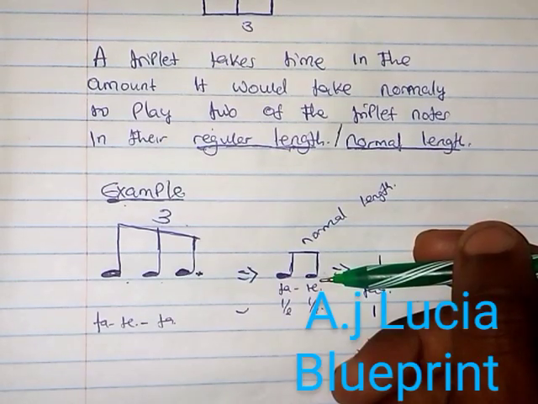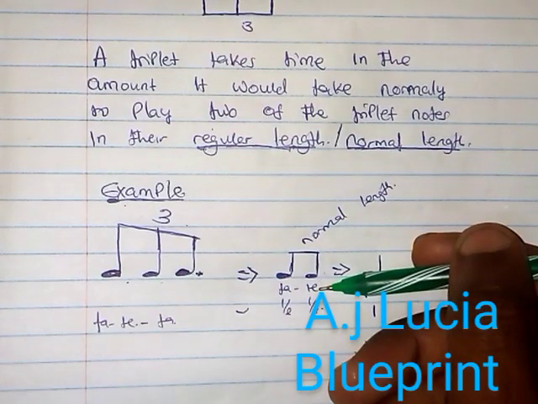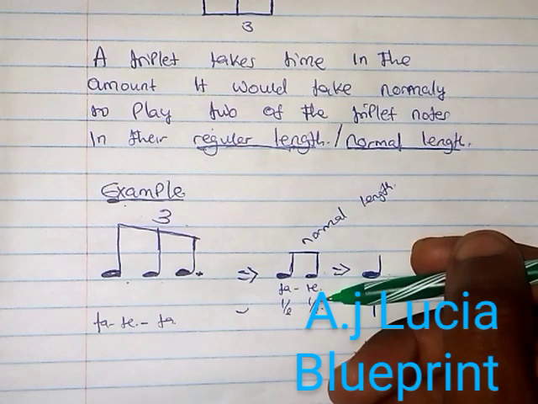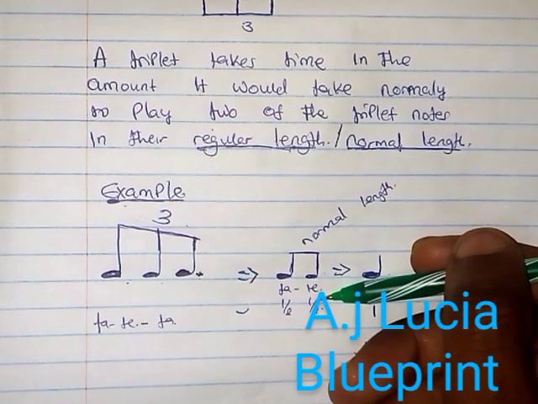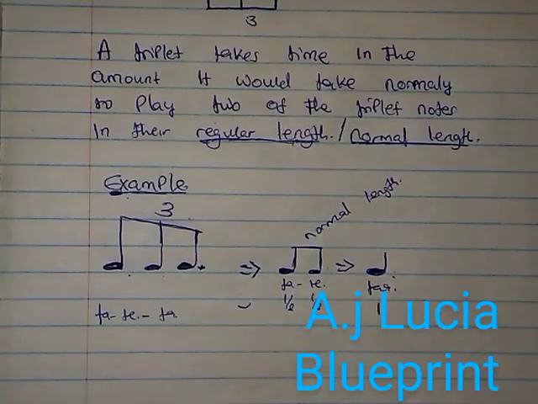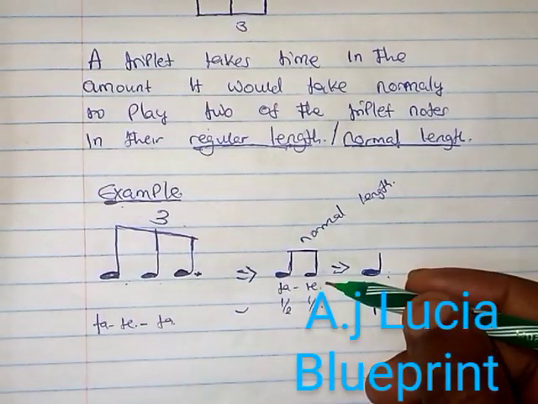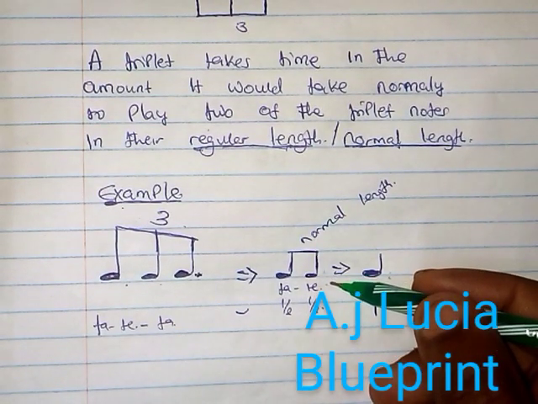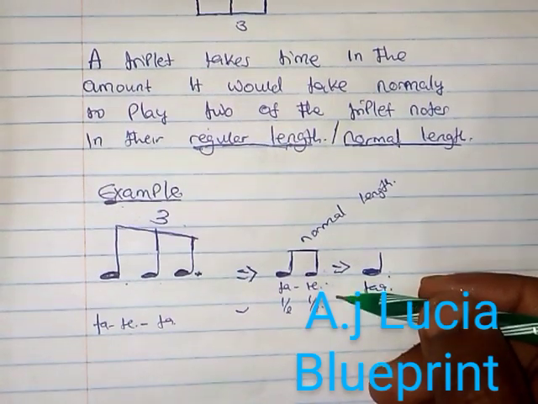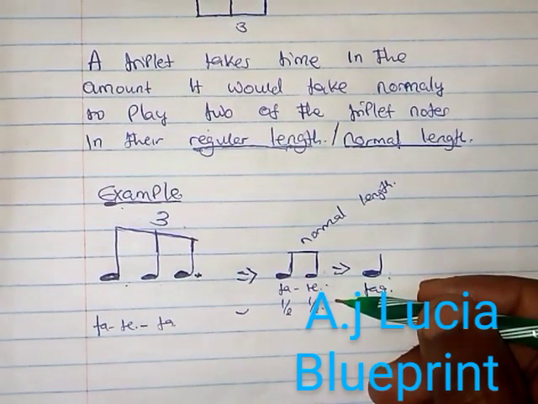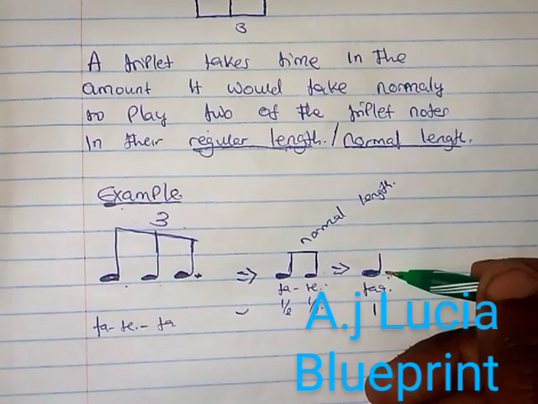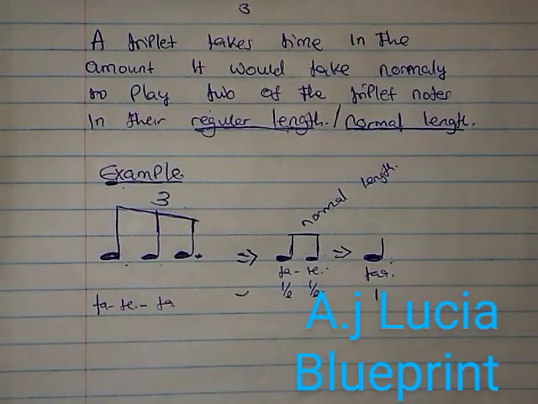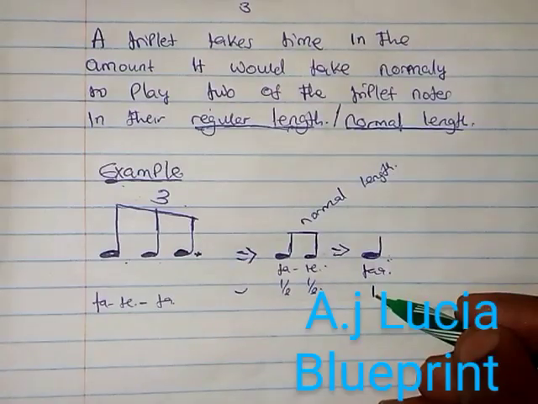As we know, the length of a quaver is an eighth beat, or ta. When they are 2, their value is ta-te. Those are 2 eighth beats, which are equivalent to 1 crochet. And the value of a crochet is ta, or 1 beat.